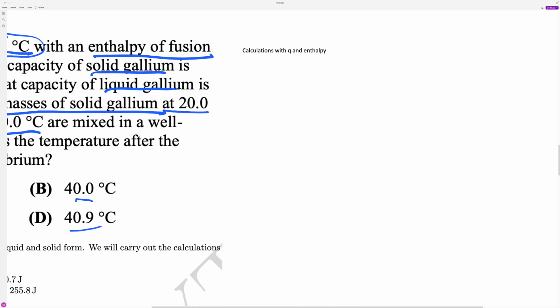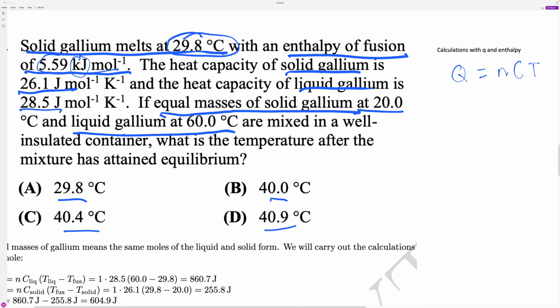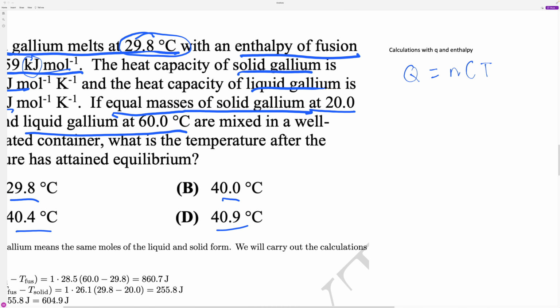So if you're familiar with Q equals mCΔT, you can write Q equals nCΔT for n being number of moles and C being the specific heat capacity in terms of moles instead of grams. And in this case, the energy is coming from the liquid form of gallium as it's cooling down.